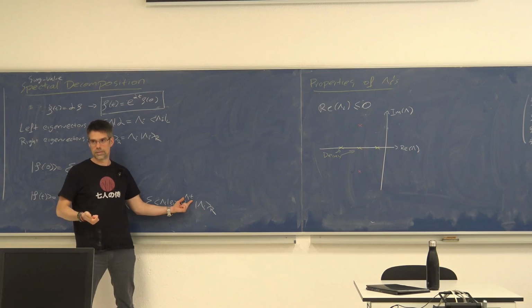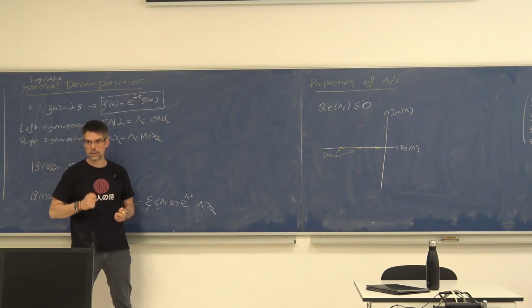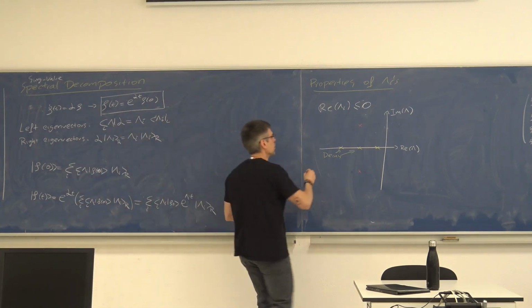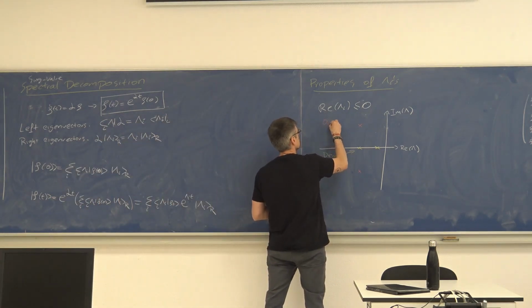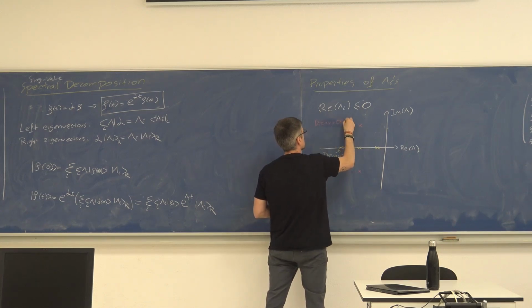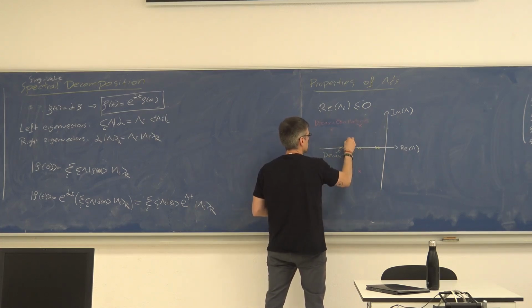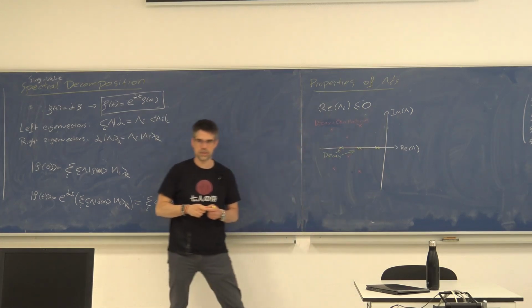So there will be an oscillation and it will decay, so we will have damped oscillation. These are usually called oscillating coherences. These are decay plus oscillation. And of course, there are many of them.